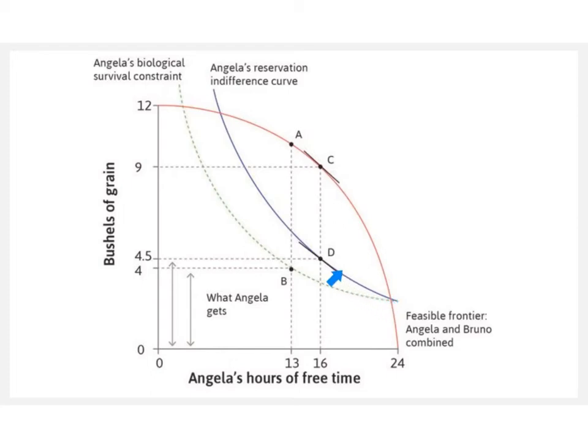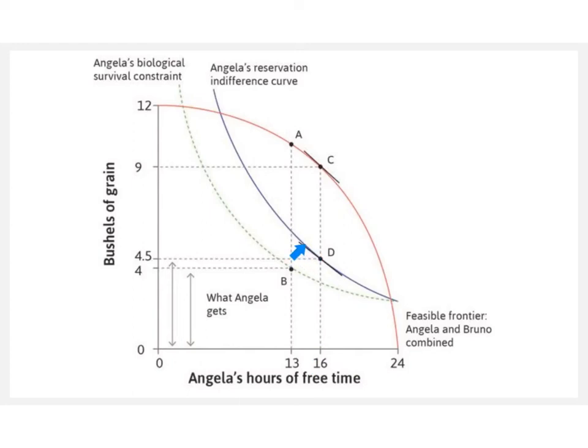Notice that all along this indifference curve, she'd be just as well off as not working, so she'd be indifferent. This amount of grain that she'd be compensated for working makes her just willing to work. And notice that this optimum has her at 16 hours of free time, working 8 hours.